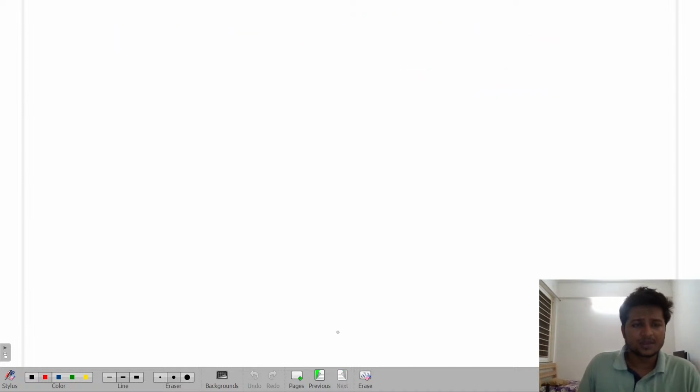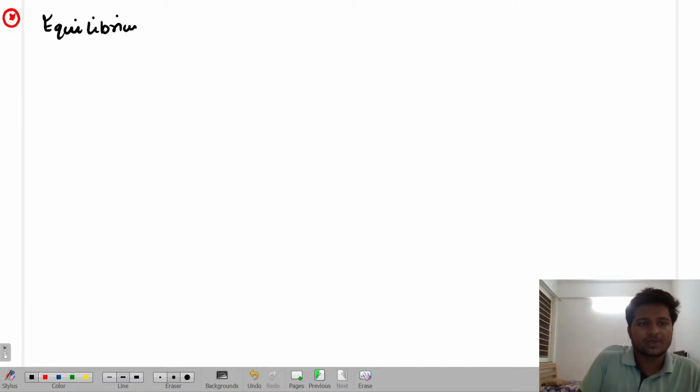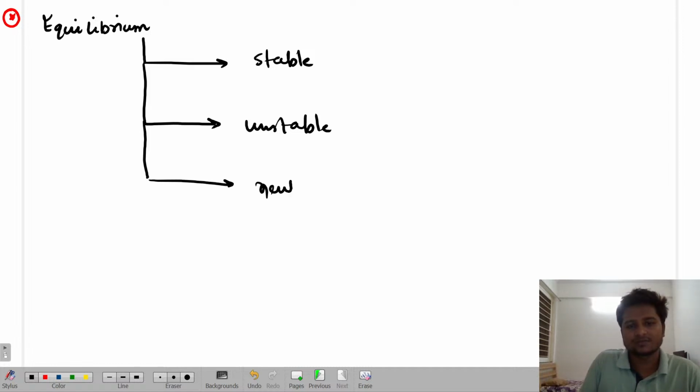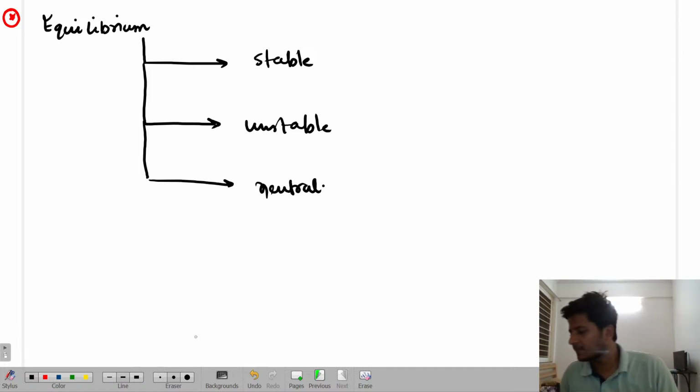Now, we discussed horizontal equilibrium, vertical equilibrium, many cases of equilibrium. The point is, equilibrium is not such a simple thing. As in work, power and energy, we got to know that equilibrium is categorized in three different ways: one is stable, another is unstable, and the third one is neutral, isn't it?